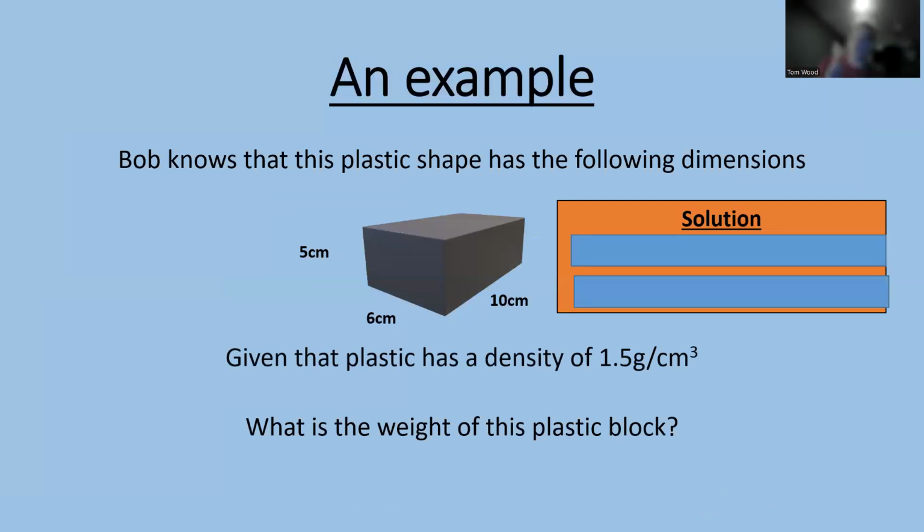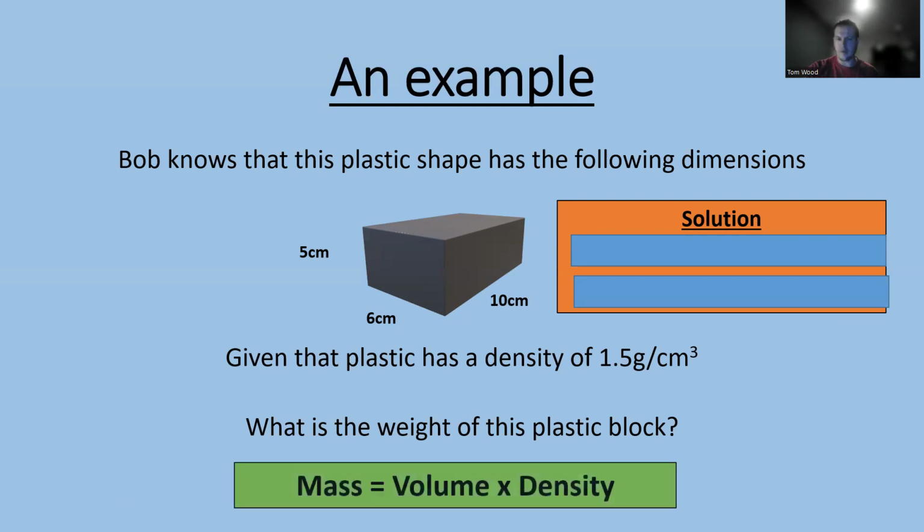So here is a very nice and simplified problem for you before we go on to the mega horrible question to end the session. Bob knows that this plastic shape has the following dimensions. It's 5 centimeters high, 6 centimeters in width, and 10 centimeters in depth. Those words are interchangeable.